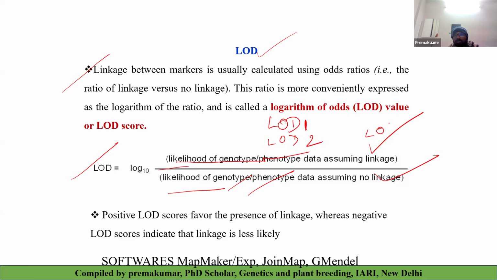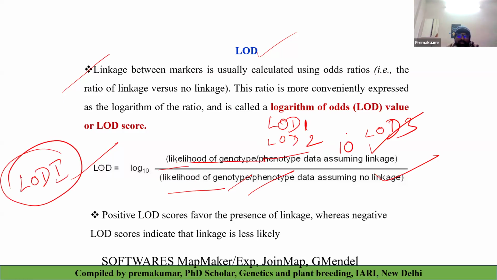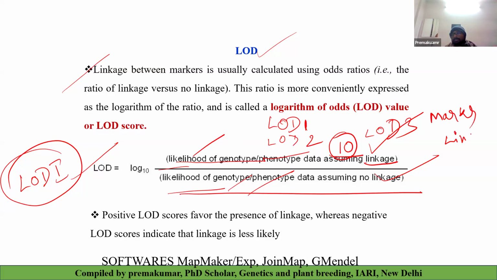A LOD of 1 means it is 10 times more probable that the particular genotype or marker is associated with the particular phenotype with linkage than without linkage. It means you can say that there is 10 times more probability that your particular marker is linked with your phenotype.